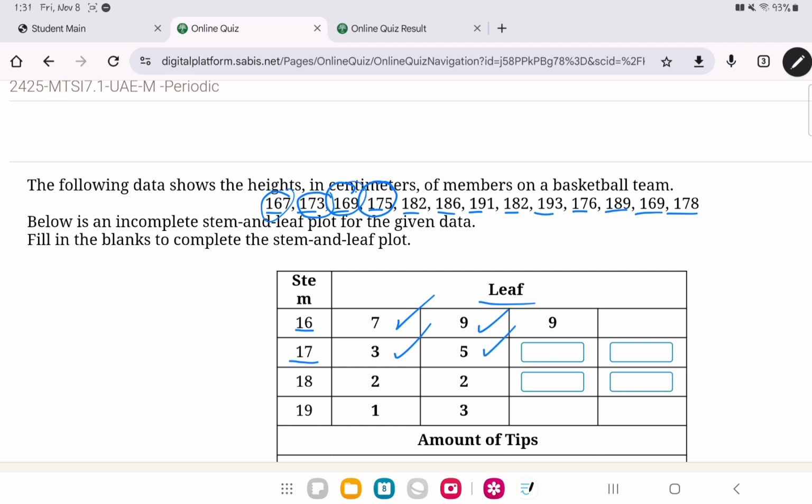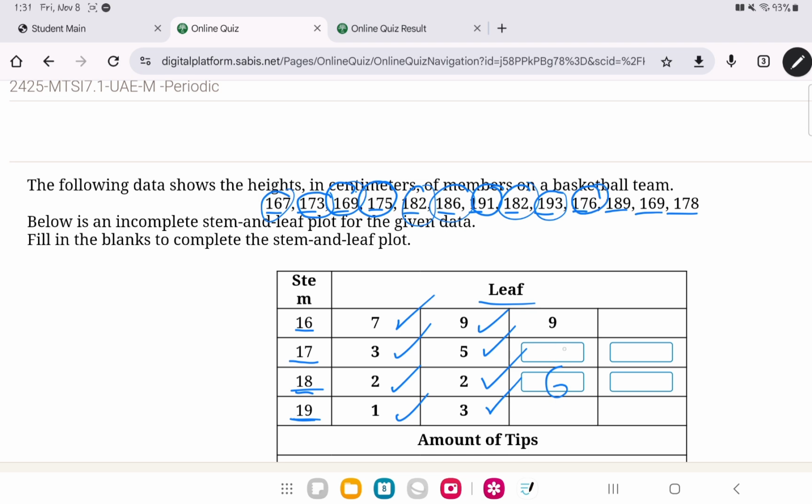So also correct. 182, you have 18 and 2. So also correct. 186, you have 18, but you don't have 6. So you're going to put 6 over here. Then we have 191, so you have 19 and 1. This is correct. 182, again, you have 18 and 2. Also correct. 193, you have 19 and 3. Also correct.